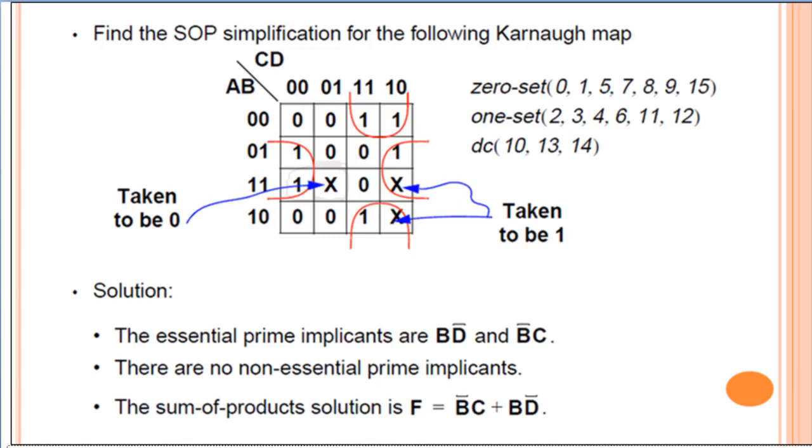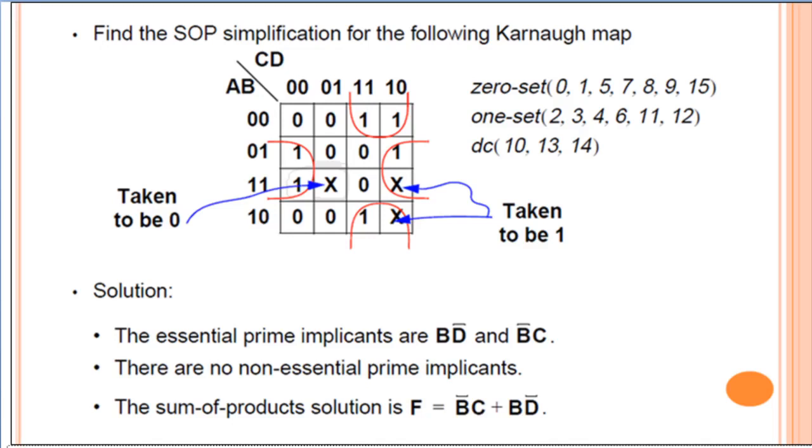Clear? So the basic rule for the don't care, we can take these don't cares as 1 or 0 as per our convenience, if we want to simplify our function.